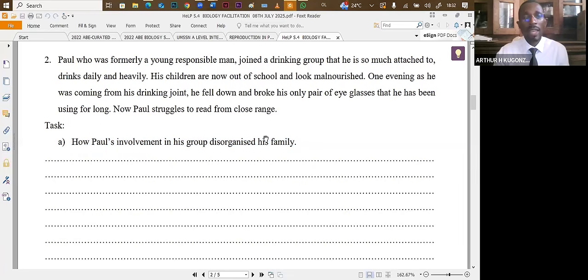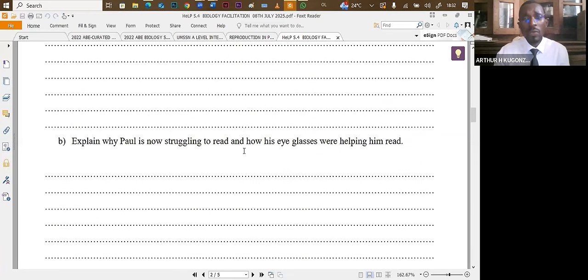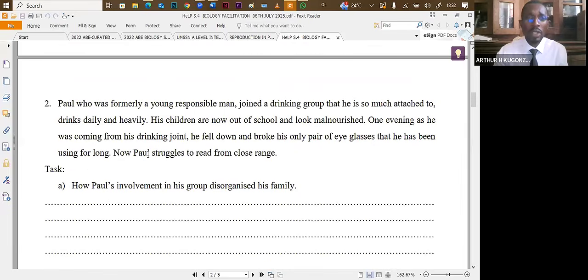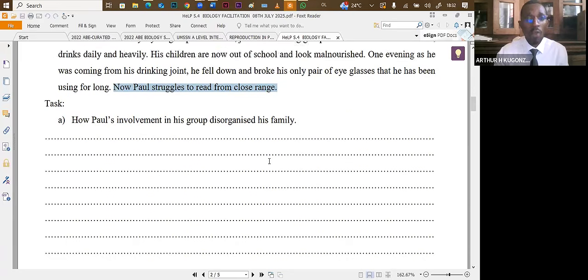So then you're saying you're confused about a person struggling to read from close range. I know this phrase here is subject to different interpretations depending on how you perceive the English in it. Irrespective of how you interpret it, that won't be an issue. We want to see how you explain your own interpretation.